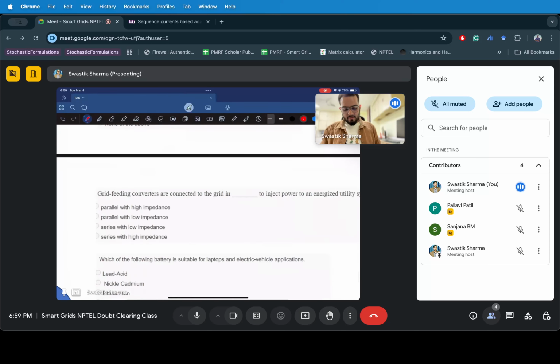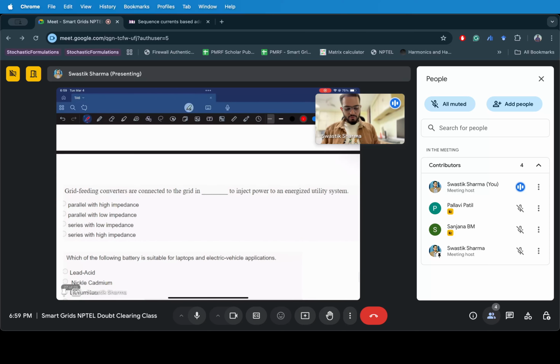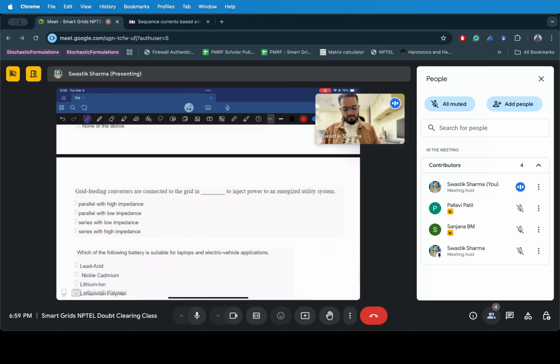So grid feeding converters are connected to the grid in order to inject power to an energized utility system. I've told you grid feeding converters use a voltage and frequency set point, right? And they act as current sources. And a current source is connected in parallel with high impedance. Why?